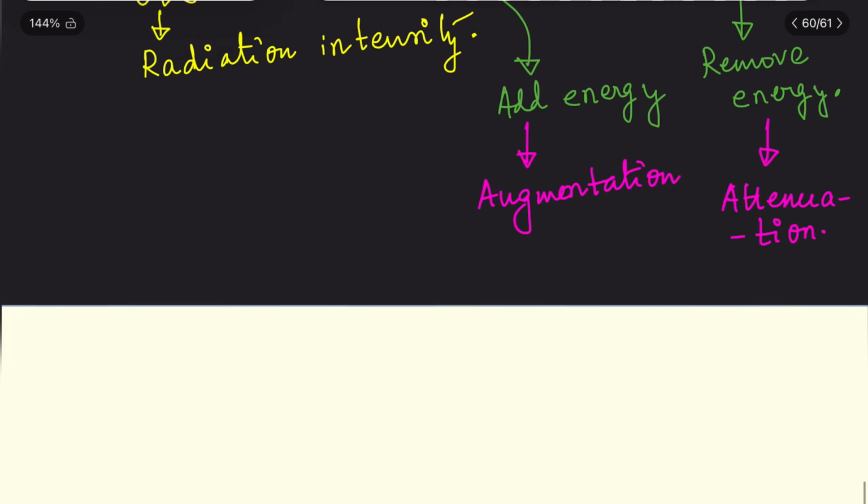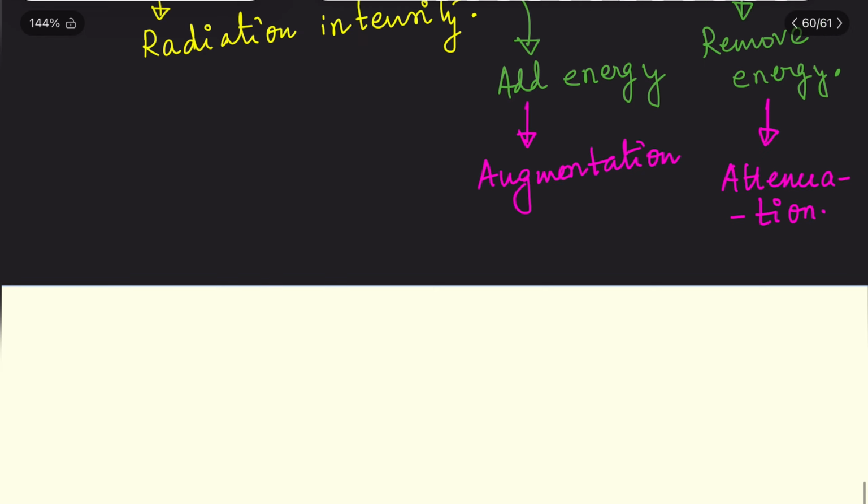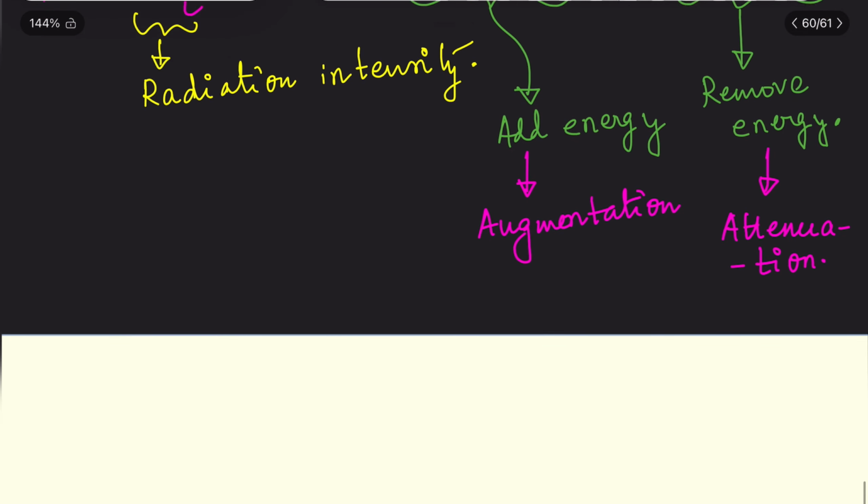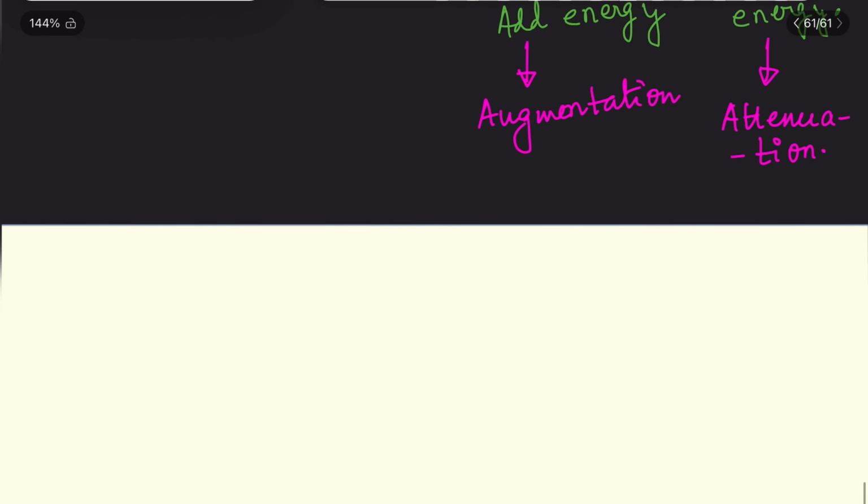Our basic objective is to find how much is the increase in I and how much is the decrease in I, and thus the total change in I when it is traveling through a participating media.